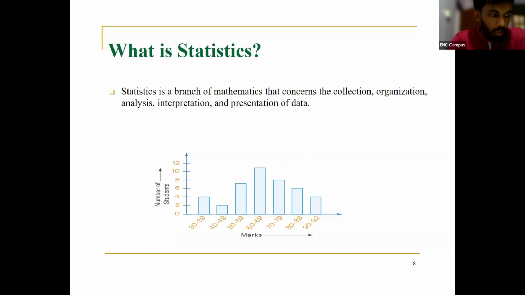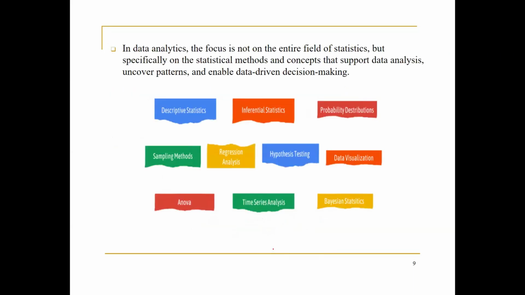In data analytics, we use statistics to turn raw numbers into useful insights. Statistics is a branch of mathematics that concerns the collection, organization, analysis, interpretation, and presentation of data.